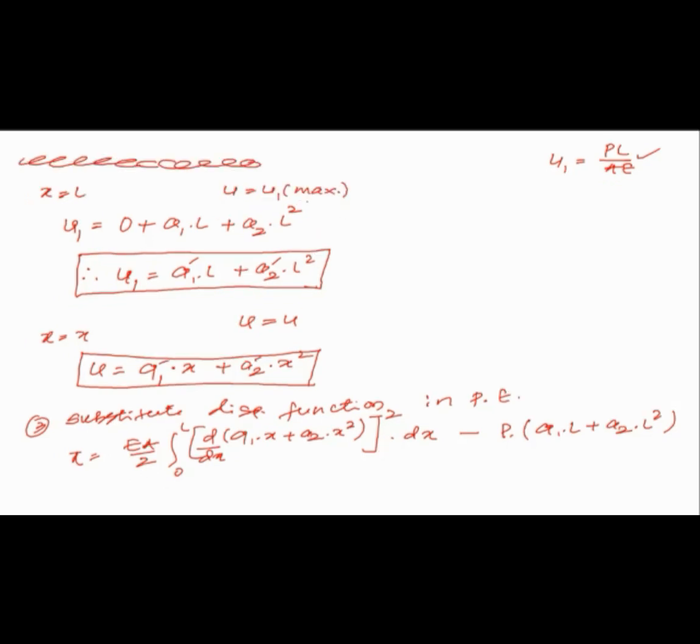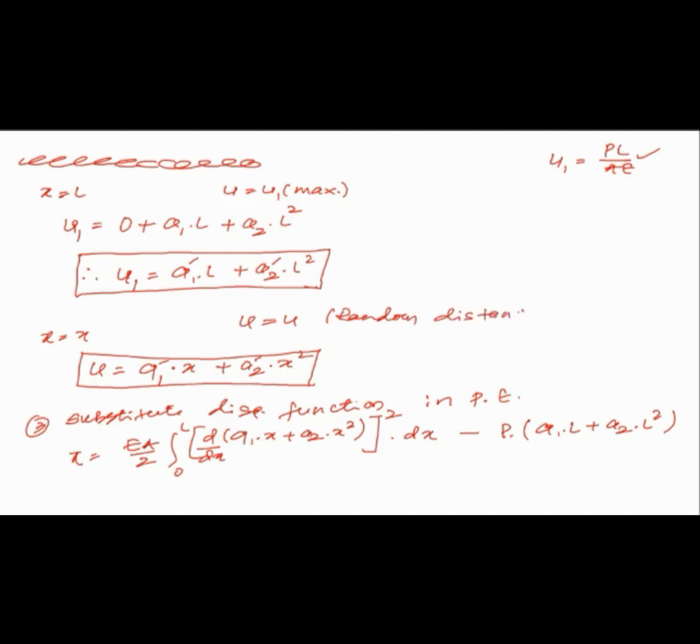Actually, we are interested in the maximum displacement, but sometimes if you want to know the displacement at any random distance in the bar, that equation also you can get. That is, when x is equal to x, u is equal to u. So a0 is 0, therefore u is equal to a1 into x plus a2 into x square. This is the expression for displacement at any random distance in the bar.